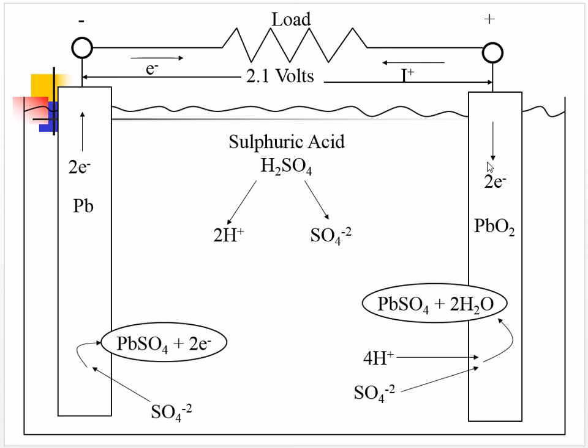To complete the charge balance, we need 2 electrons to come down. So you see we have 2 electrons going up the negative and 2 electrons coming down the positive. By making those electrons flow through maybe a light bulb or an electric motor, we can make use of that electricity up here on the load. And that's basically how the lead acid battery works.